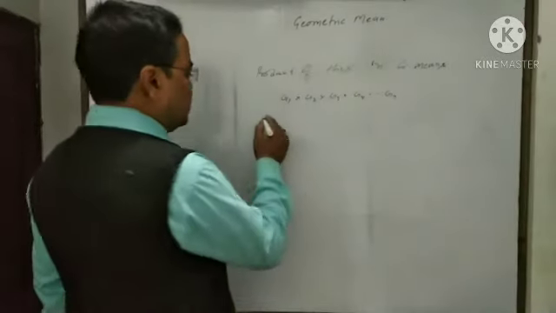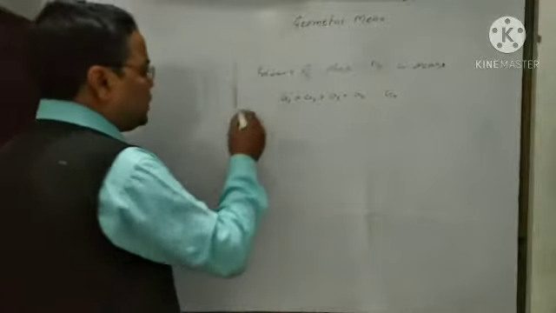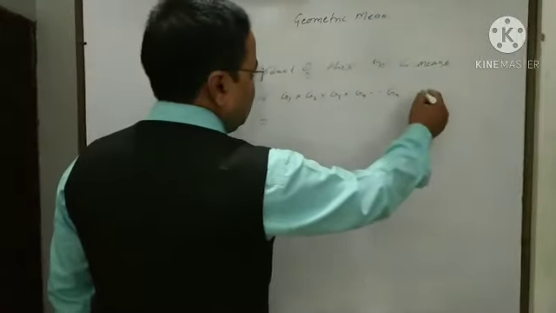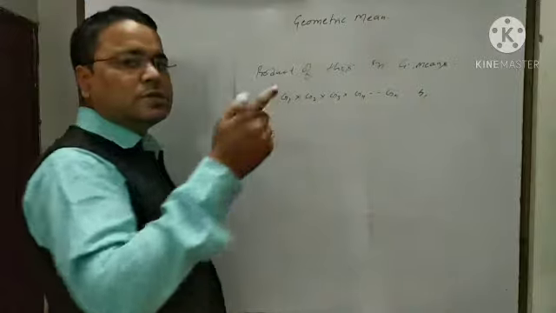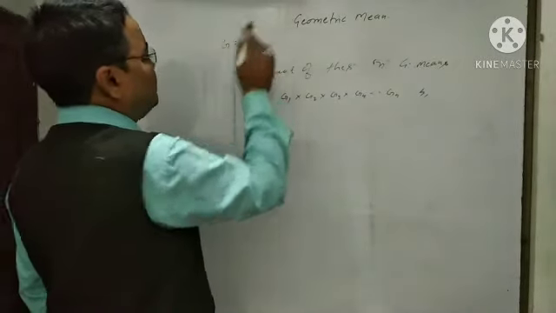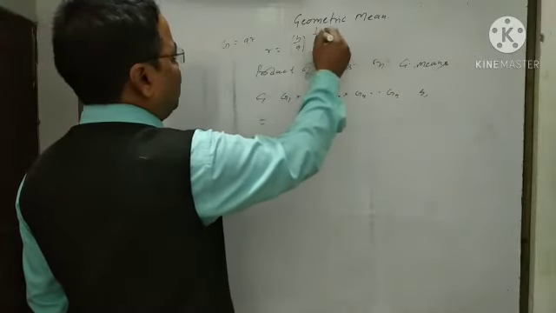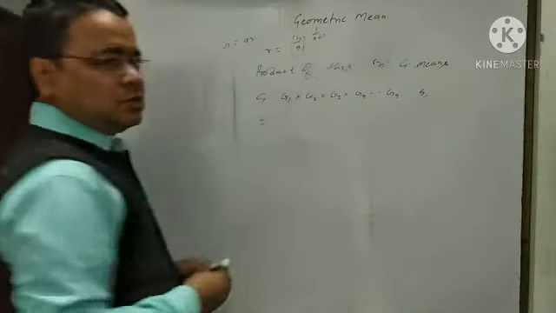Okay, so here G1 is what? Actually, if we take the first term here and the last term here, then G1 will be the second term. And we find that G1 is equal to AR simply. And what is R? R is equal to B by A raised to the power 1 upon n plus 1. This is the formula.